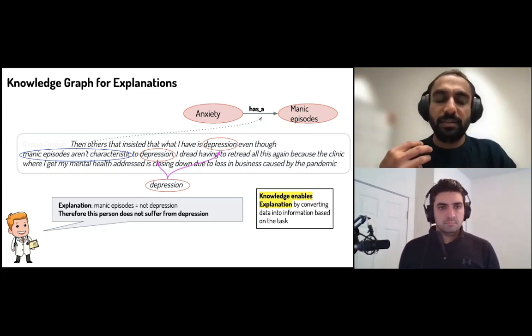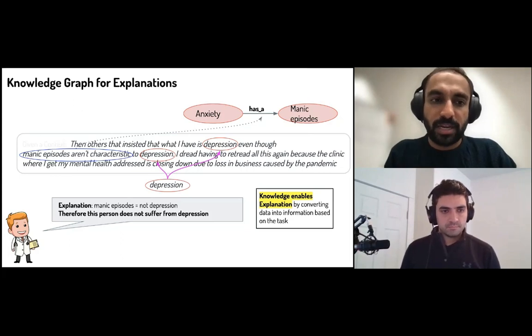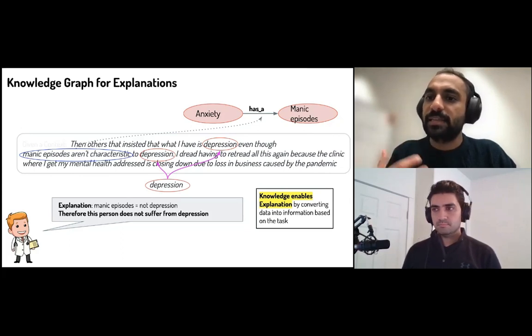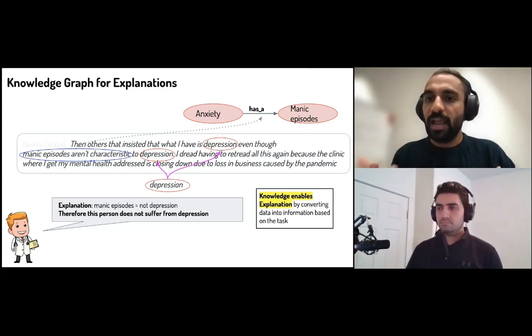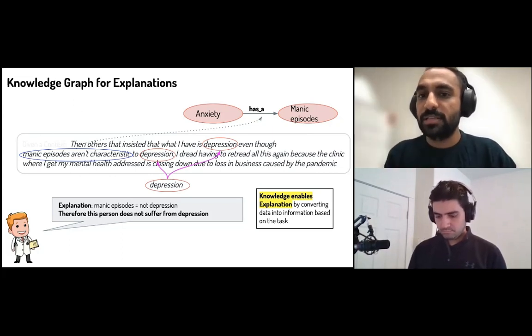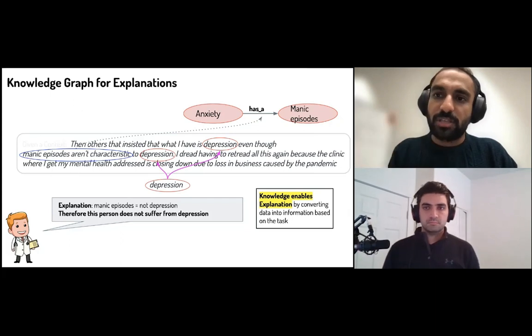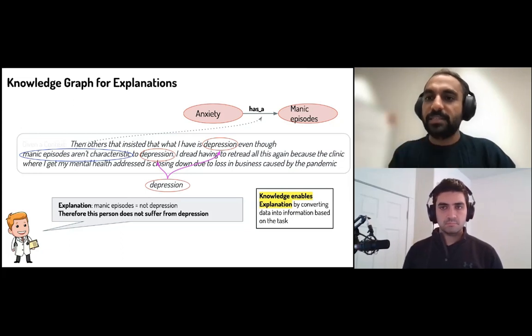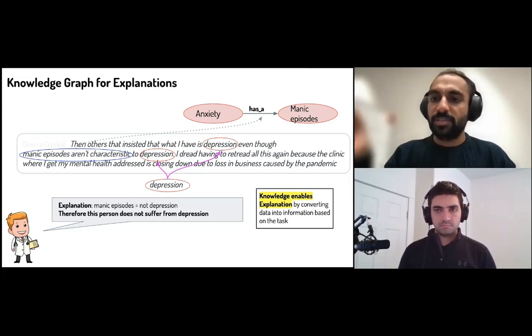And another important point that I want to make over here is that sometimes the context in which the information is being described might change, and that's why this knowledge graph comes very much in handy. If the expert knowledge graph does not match the context in which the post is talking, then you have the idea that at least this is not exactly the concept I'm referring to.